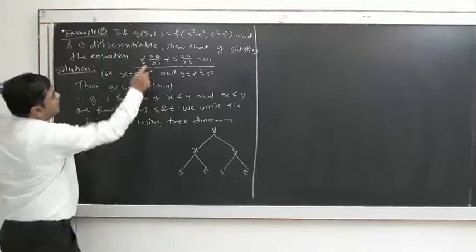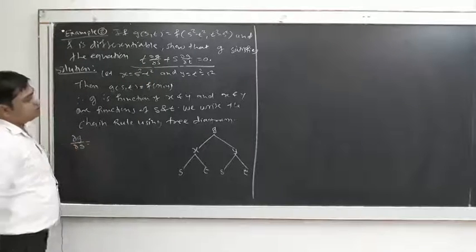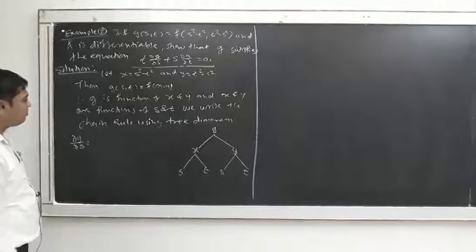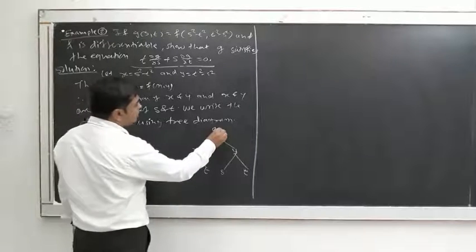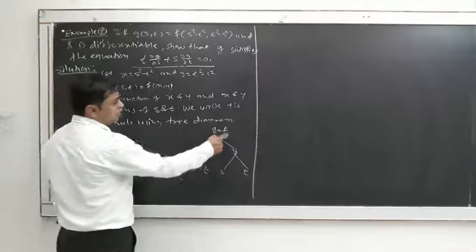Okay. Now you can write ∂g/∂s. ∂g/∂s is equal to what? It is nothing but our f, you can say g is our f.